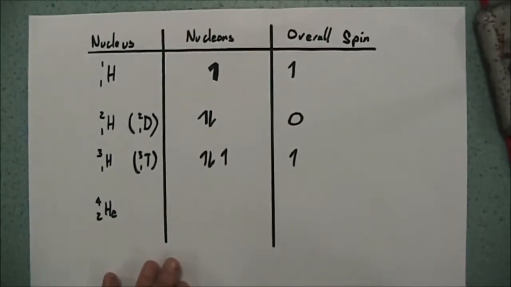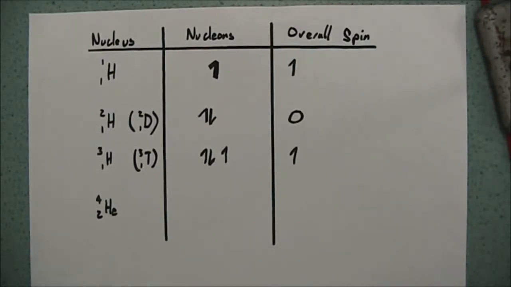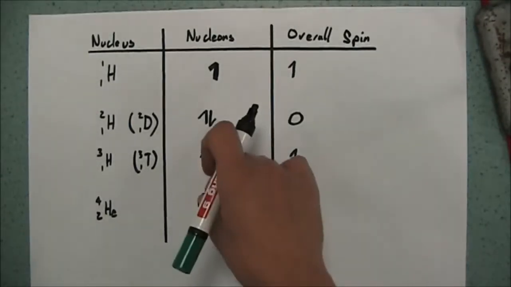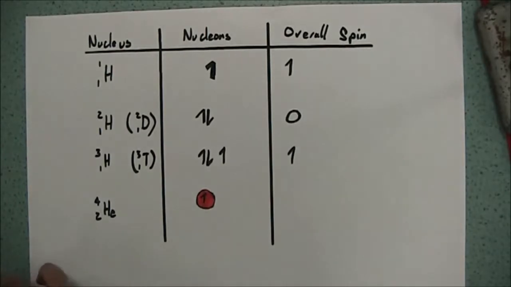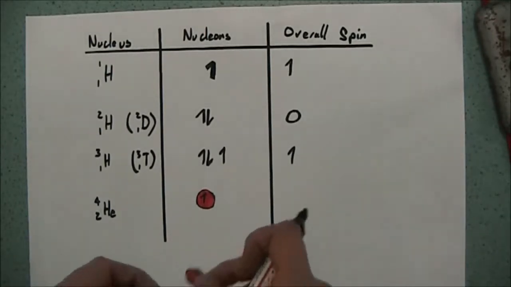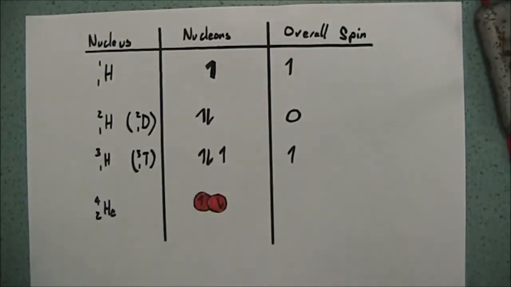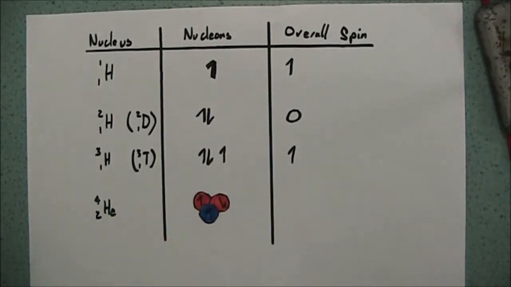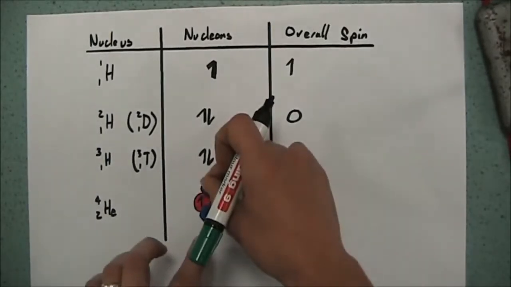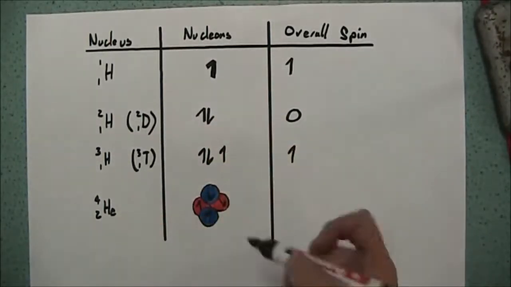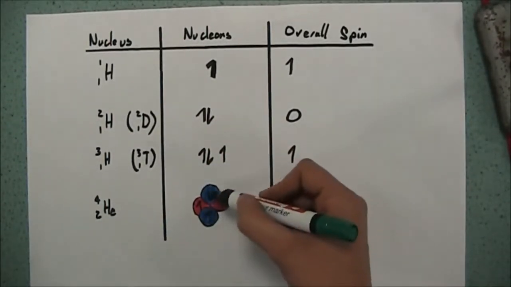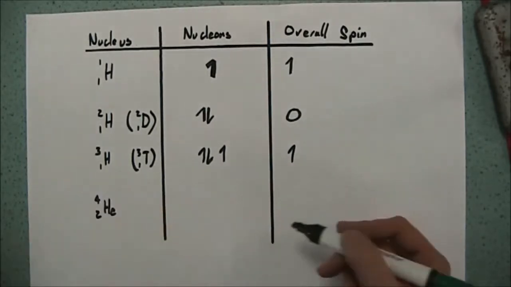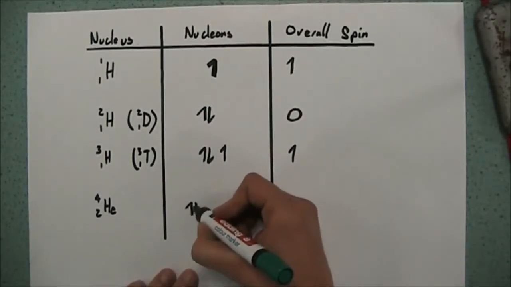And then finally, helium has 2 protons and 2 neutrons. Because we've got an even number of nucleons, 1 up, 2 up, 1 down, 2 down, we will have no overall spin.